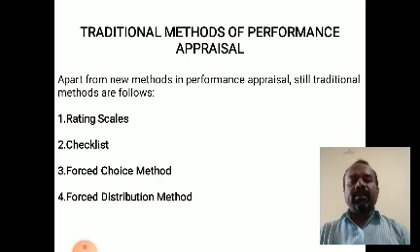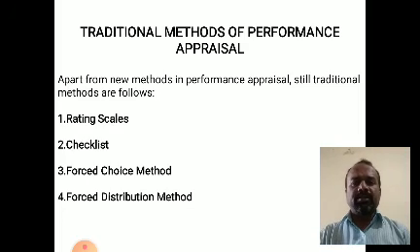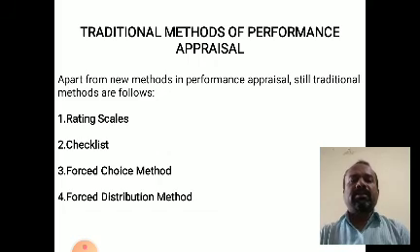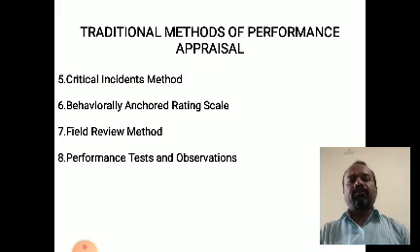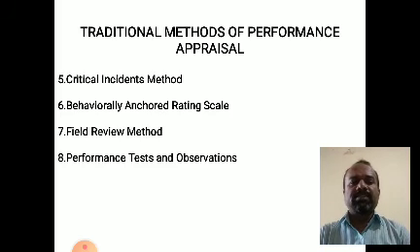There are nearly eight traditional methods of performance appraisal. Number one is rating scales, number two is checklist, number three is forced choice method, number four is forced distribution method, number five is critical incidents method, number six is behavioral anchored rating scale, number seven is field review method, and the last but not the least is performance test and observation.